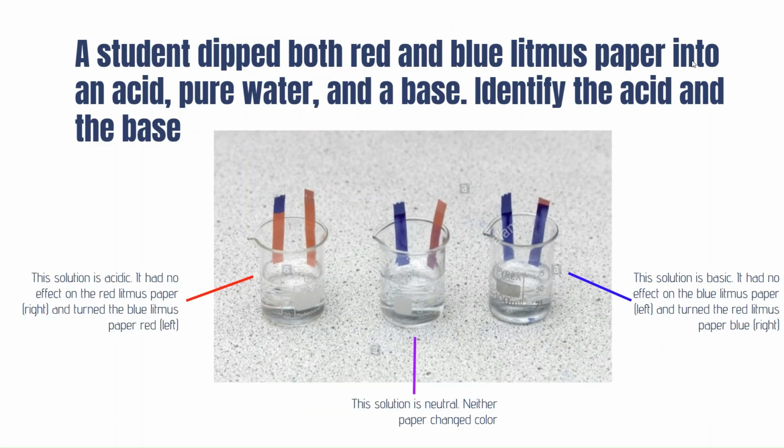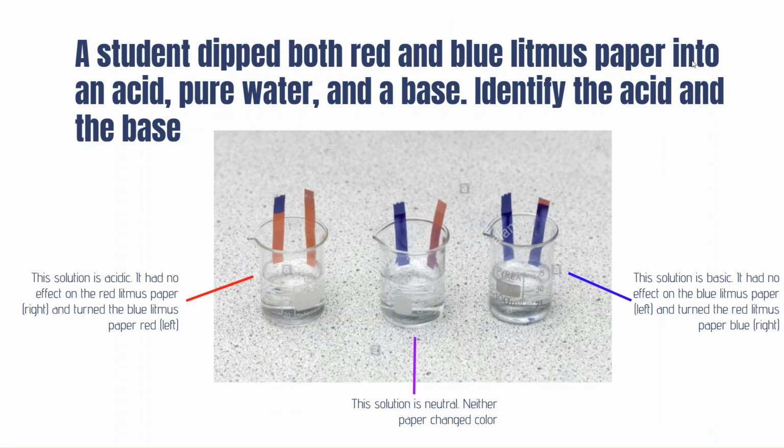All right, hopefully you paused and thought about which solution was acidic, basic, and neutral. So the one on the left is acidic. I know this because if I look at the very tops where the paper is still dry, I can see which paper I started with. Looking at this left solution, I started with a blue litmus paper on the left and red litmus paper on the right.